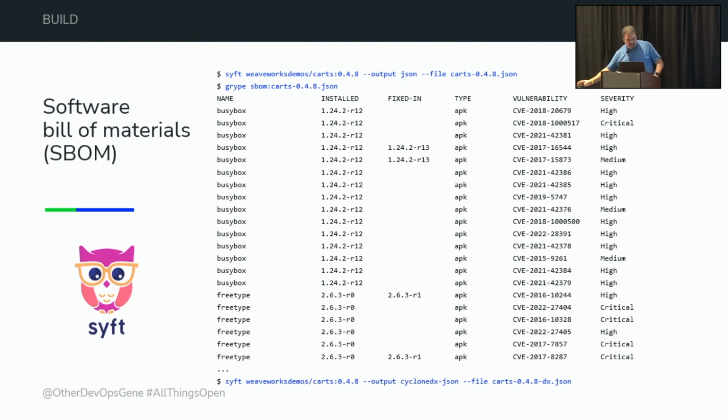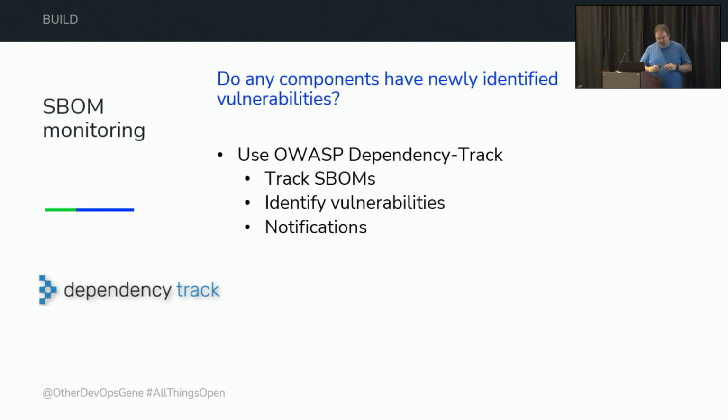Or I can use Syft, as you see at the bottom, with the CycloneDX JSON format, and for that, we can use a tool called OWASP Dependency-Track. OWASP Dependency-Track will also do some of this interpreting of SBOMs, but one of the big things it can do is you can just constantly feed your SBOMs to it, and then it becomes a searchable database of those SBOMs.